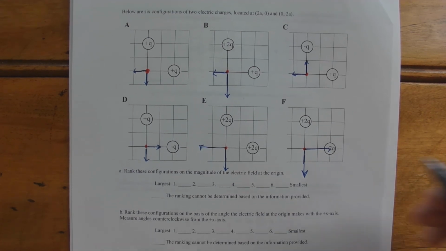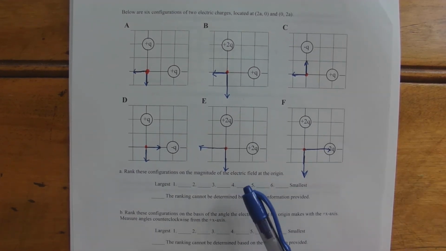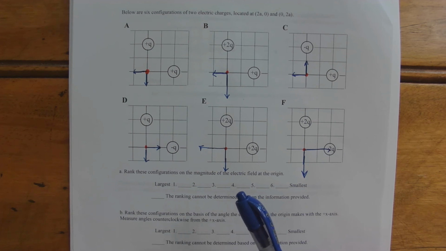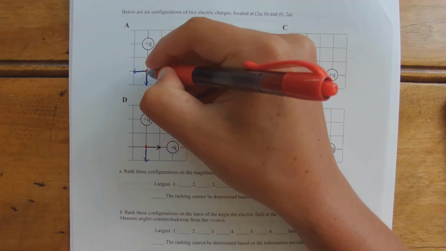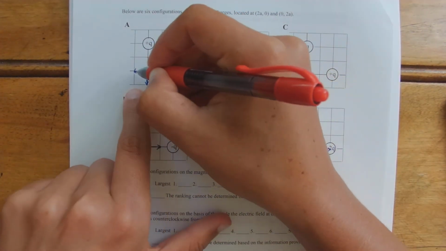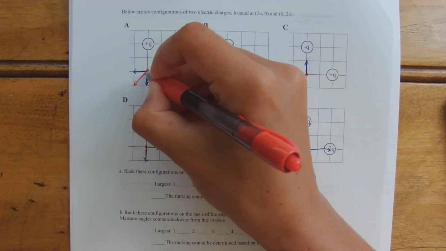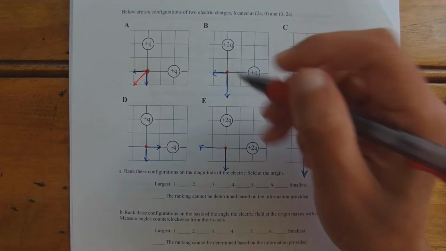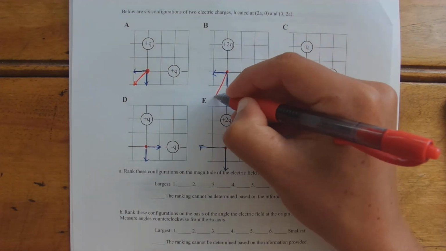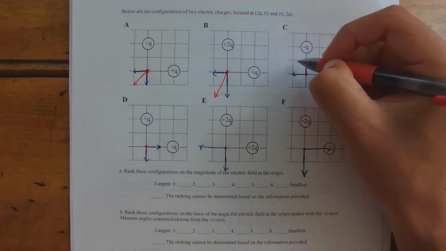Okay, so now to find the net electric field, I have to add the individual electric fields together. So adding these two charges together, if I slide this vector over and place them tip to tail, this is my resultant vector. So 1 over and 1 down. This is 1 over and 2 down.